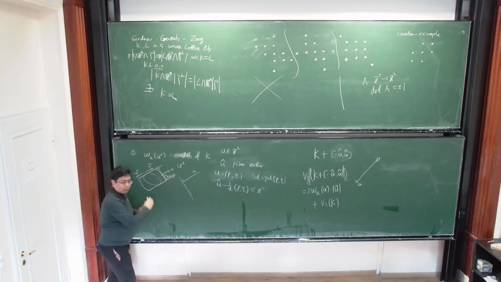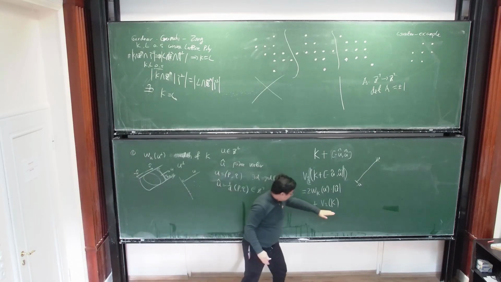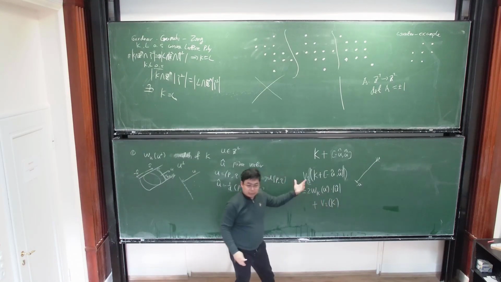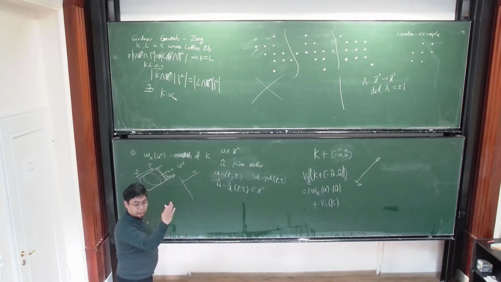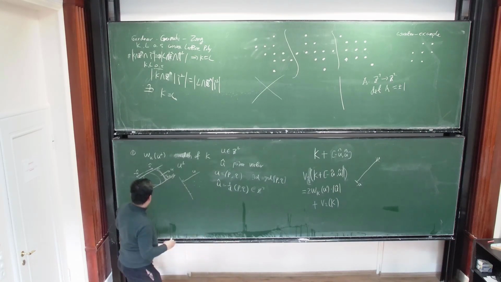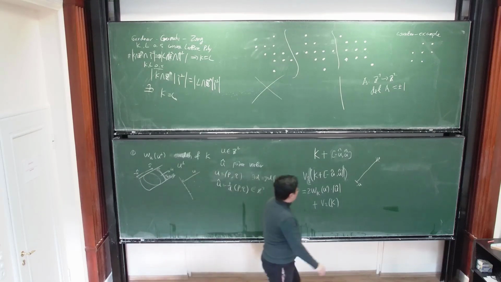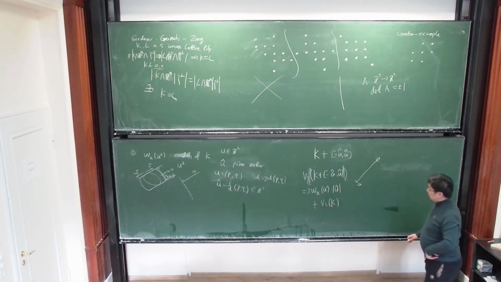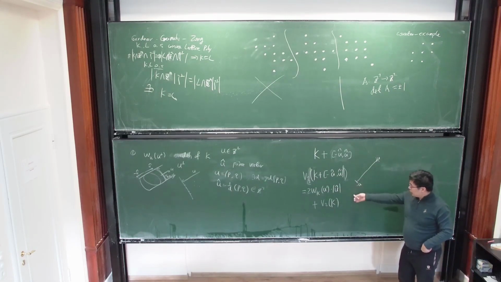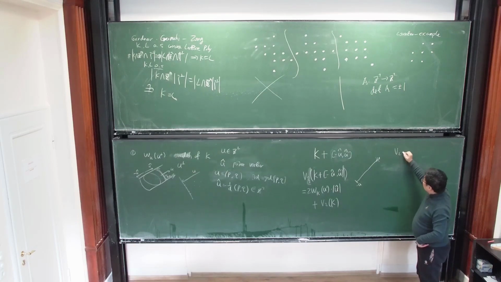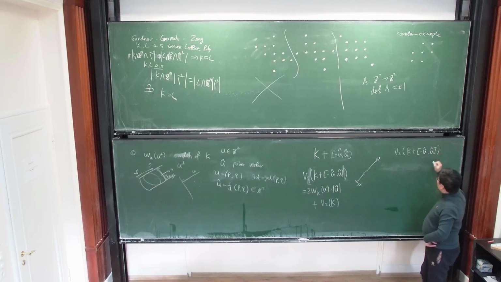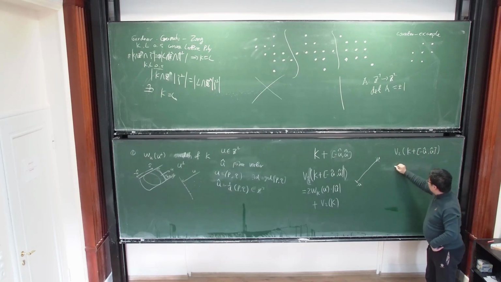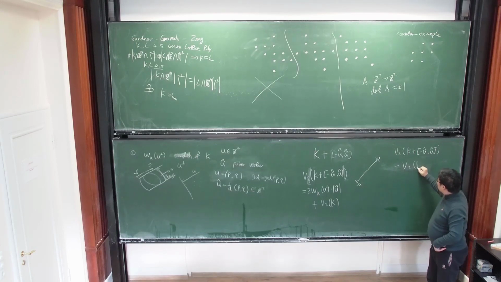So the total volume is exactly the volume of K plus the width times those things. So these are the projection theorems. And now this gives you a relation between the volume of this one minus the volume of K.